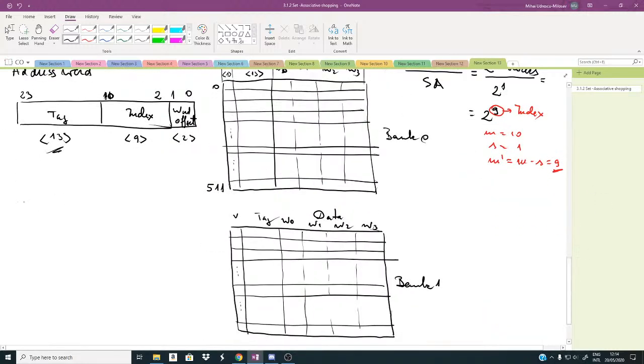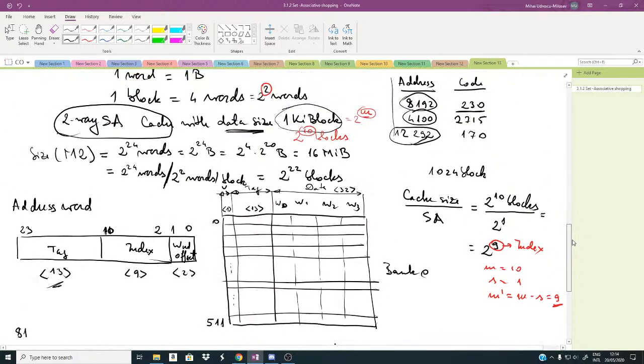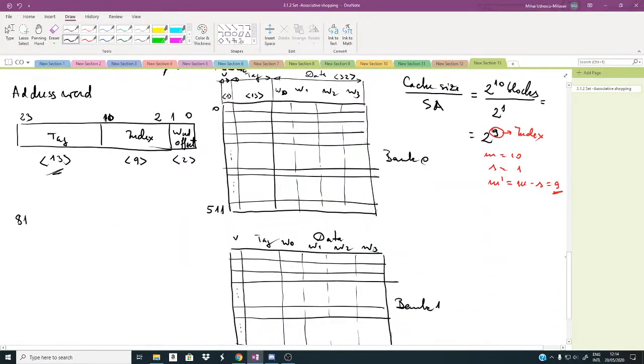So it's 8192. Oh, sorry, this is stupid.